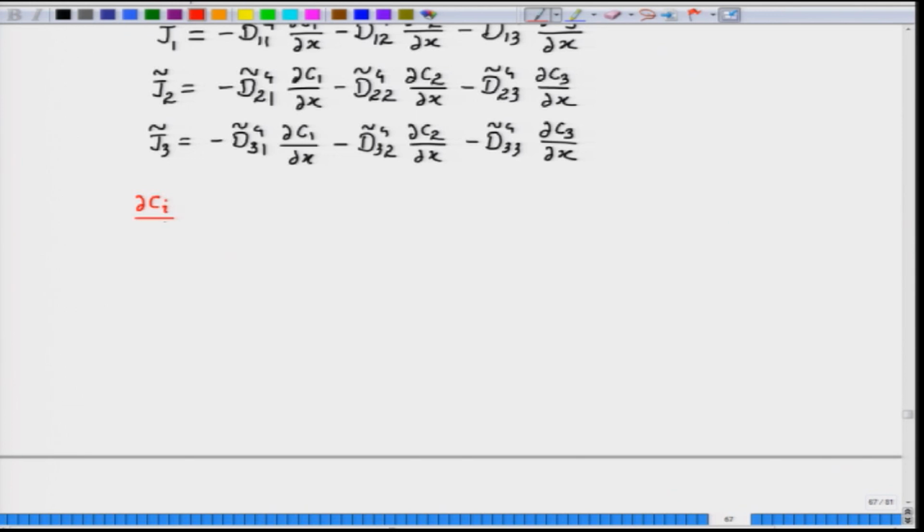So, we can write dou C_i by dou t equal to negative dou J_i tilde by dou x.